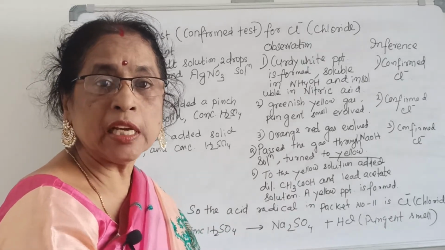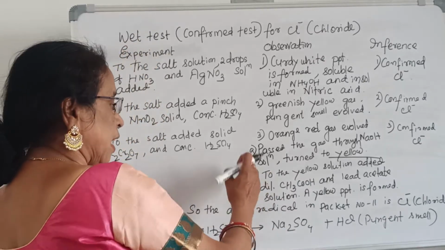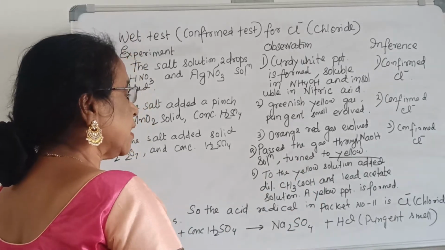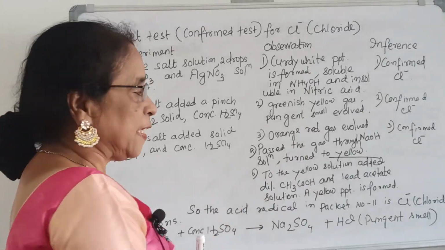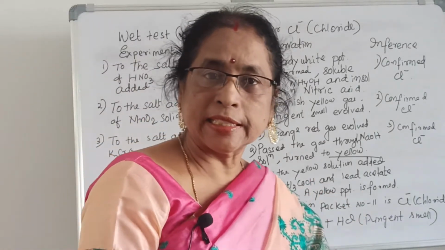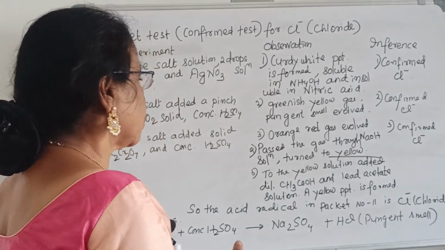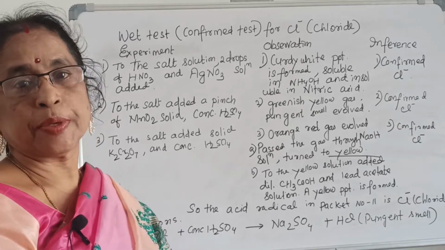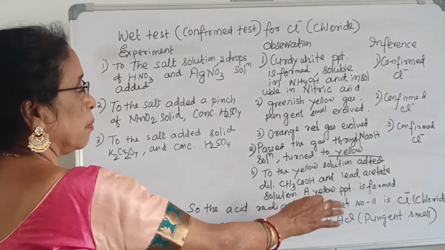The solution totally changes to yellow color. And to that yellow solution, add dilute acetic acid and lead acetate solution. Then what happens? A yellow precipitate is obtained.